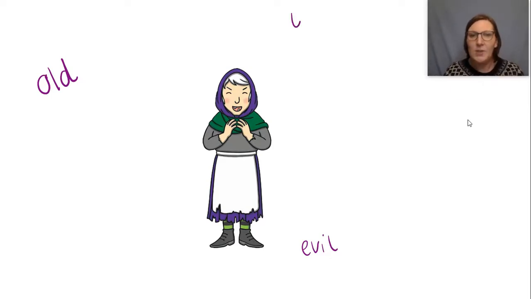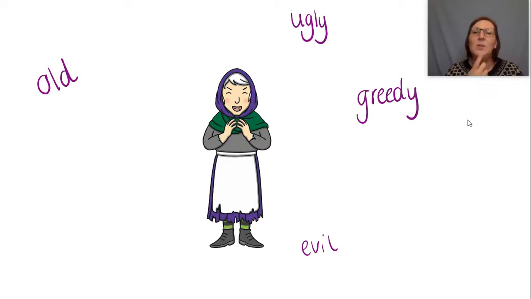There we go. I wonder what other words we could use to describe her. I know, she was definitely ugly. Old and haggy, and all her face was all scrunched up. She was definitely ugly. And she was quite greedy because she wanted to eat Hansel, didn't she? So she was definitely greedy as well. What else? What other words could I use to describe her?